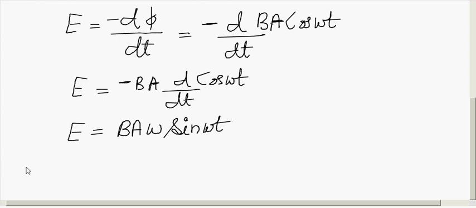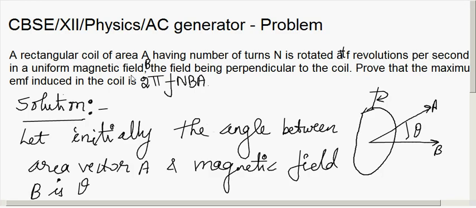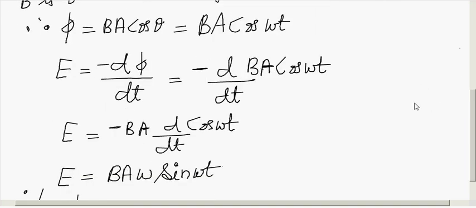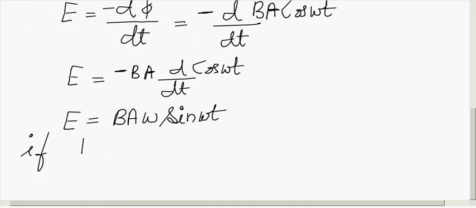Now, it is given that the coil has n number of turns.